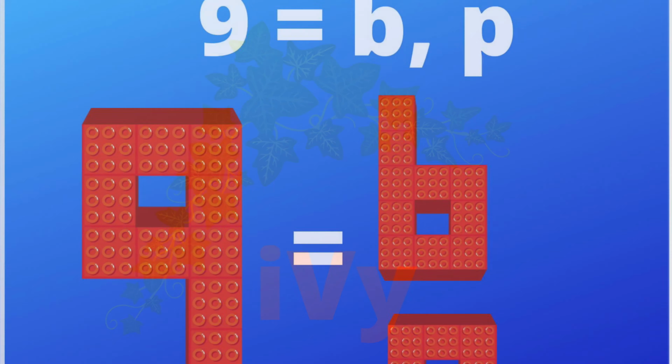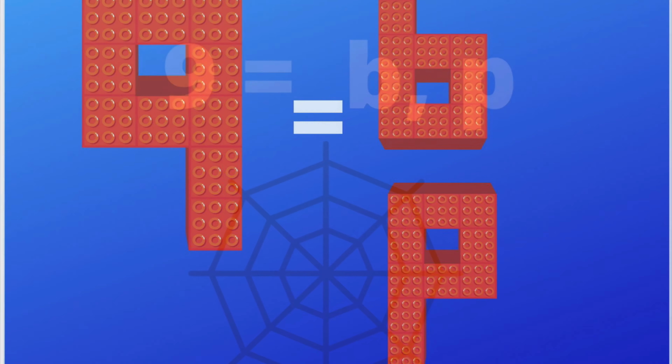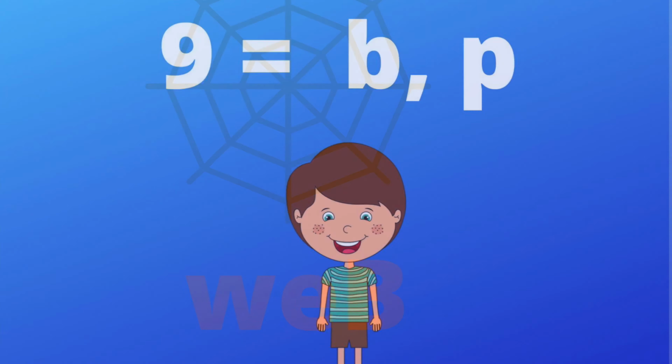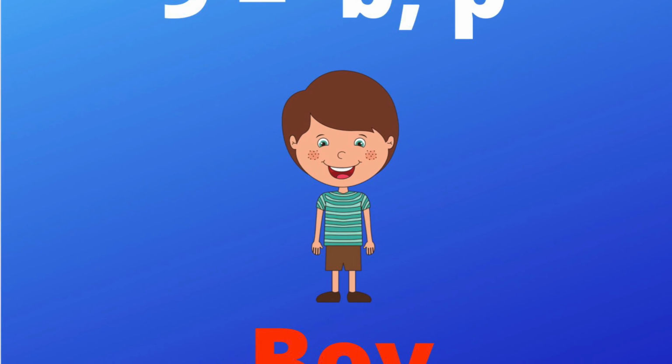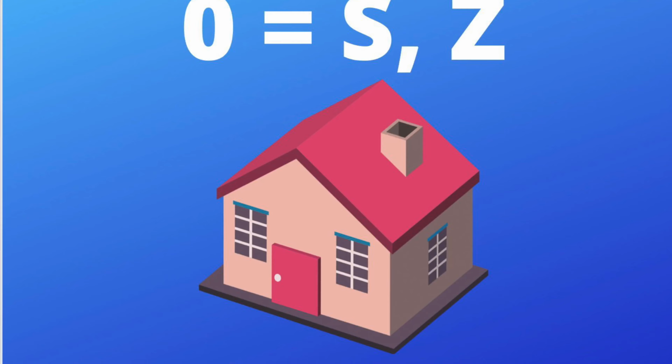And for my verses, I use the ivy. 9 has the B or P sound. It looks like it. For my chapters, I use a spider web, and for my verses, a boy, usually a blue stick figure. 0 has an S or a Z sound, like ice or house.